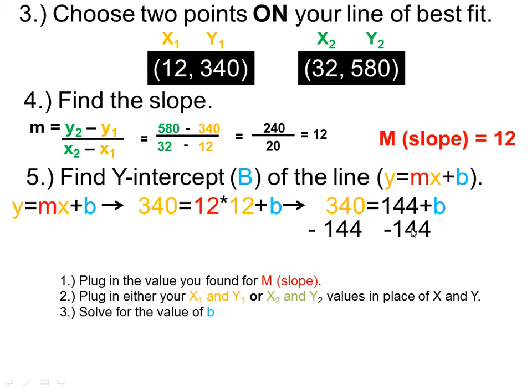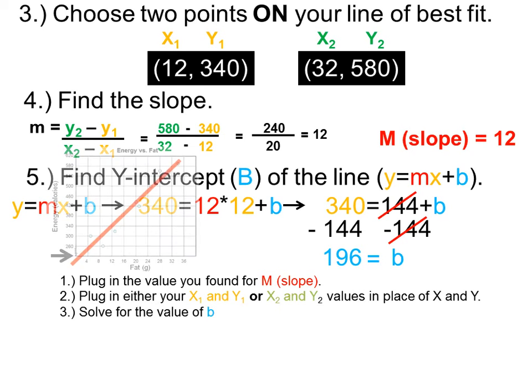Since we subtract 144 from one side, we do it to the other. Therefore 144 minus 144 cancels out, and you are left with 340 minus 144, so b is equal to 196. And now we know our y-intercept.